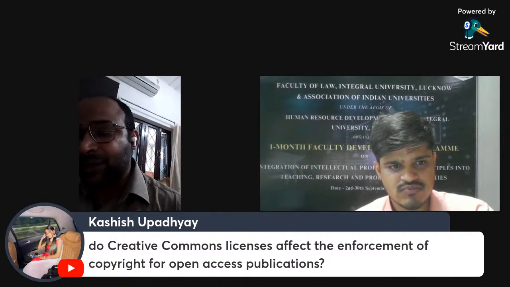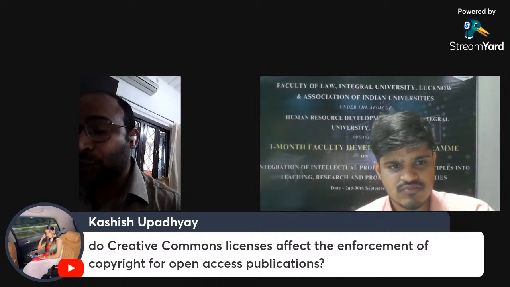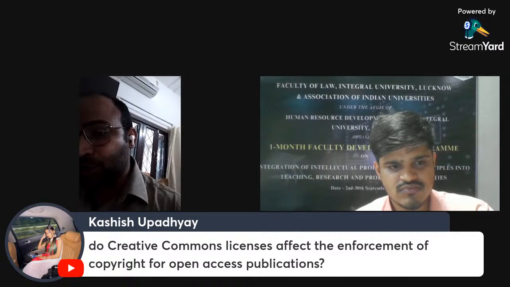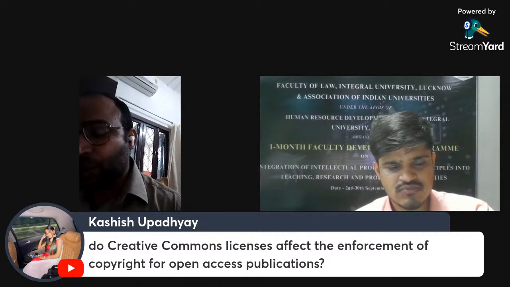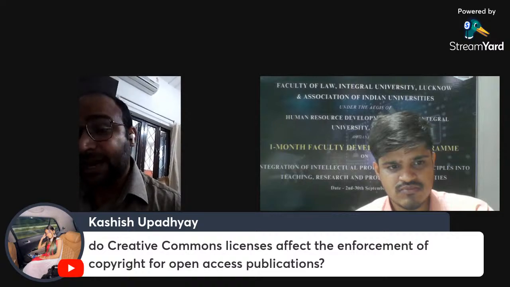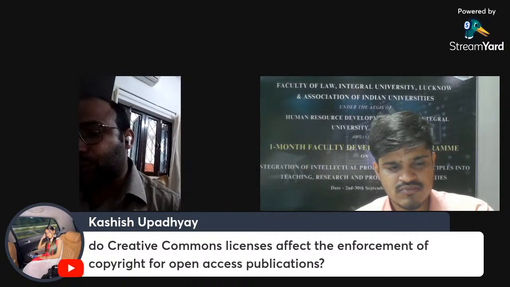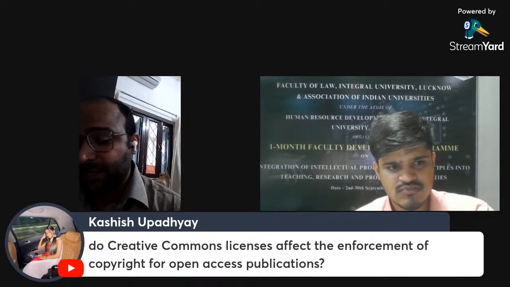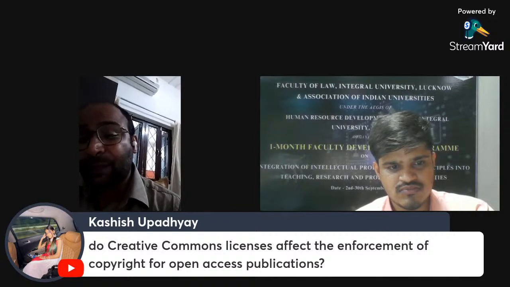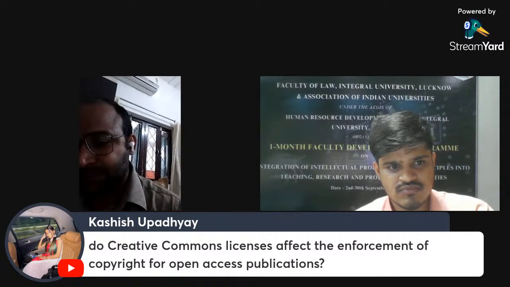To avoid infringement of copyright, you have to create your own content. You may be influenced by the idea of the work you are using as reference, but you have to write your own content. To avoid copyright infringement and plagiarism, you should be very clear that you should not copy as it is. Even rephrasing and paraphrasing is not allowed, right?